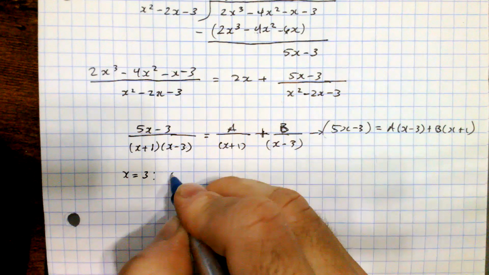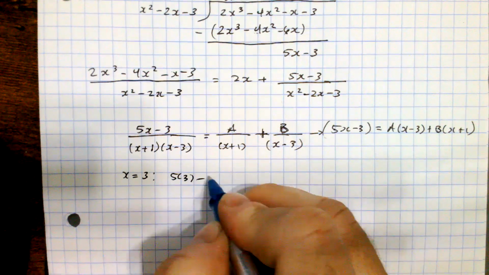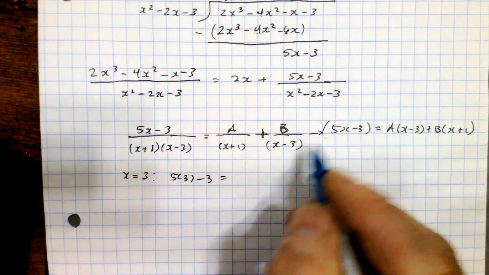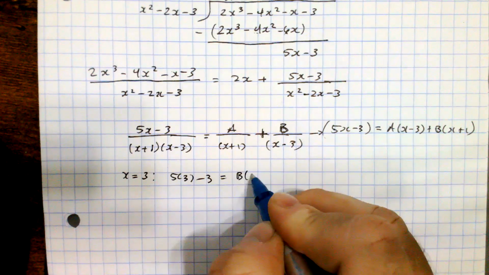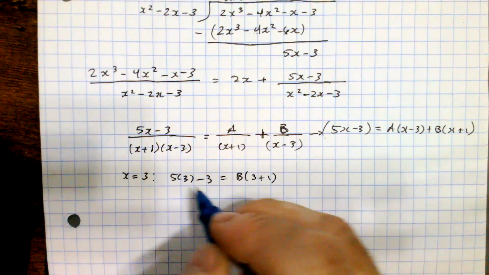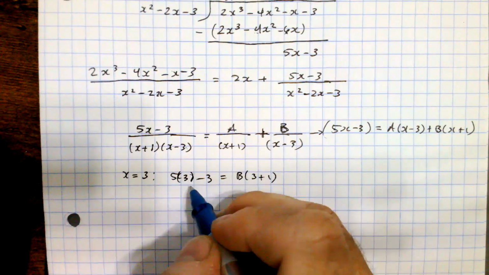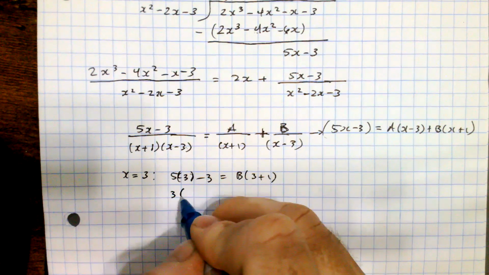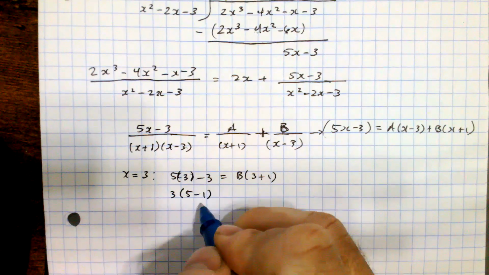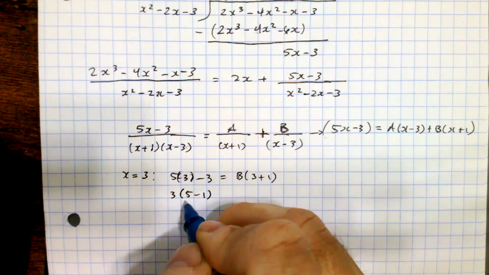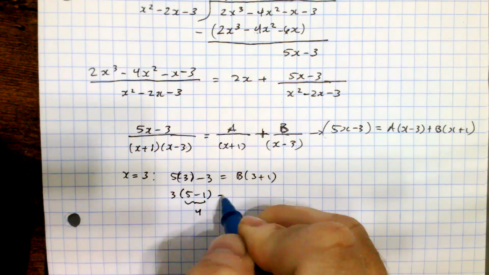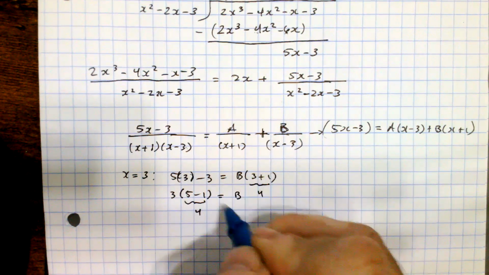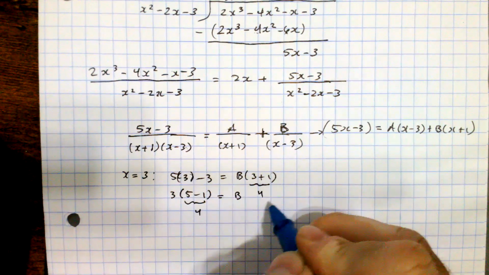So it's going to give me 5 times 3 minus 3 is equal to, the a term will be zeroed out, and we're going to get left with b times 3 plus 1. If I have a common 3 here, I can factor that out as 3, and this becomes 5 minus 1, which is really good because this bit right here is 4, and that means this bit right here is also 4. So the fours will reduce, and b is equal to 3.